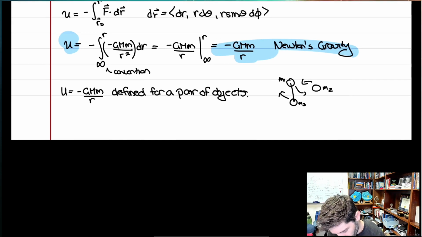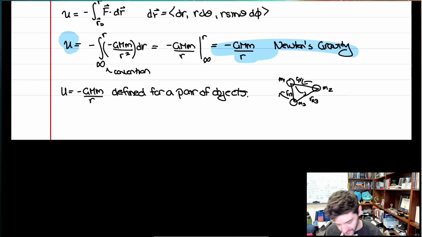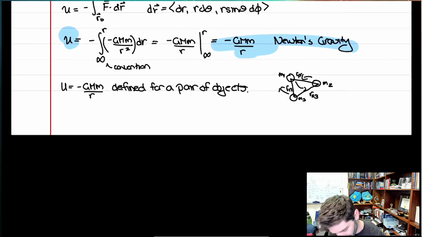Maybe M1, M3, we'll call that R13. The distance between M1 and M2, we'll call R12. The distance between M2 and M3, we'll call R23. If you wanted to write down the total potential energy for these 3 objects, we could ask how many terms should we expect in this case, knowing that the potential energy is defined for a pair of objects.